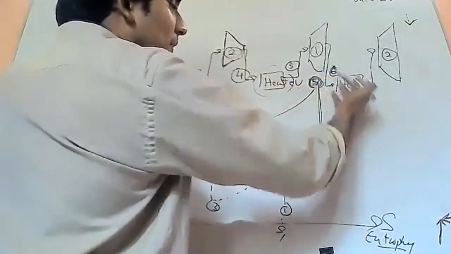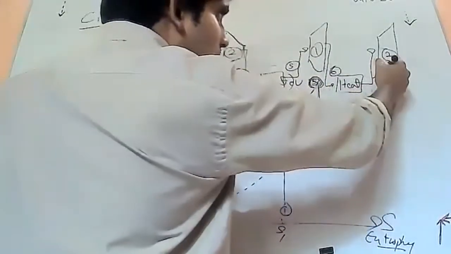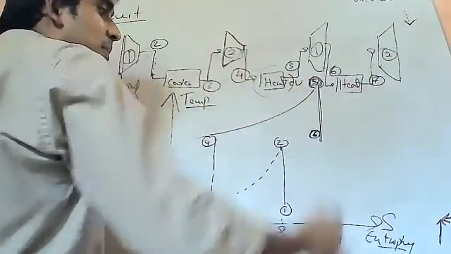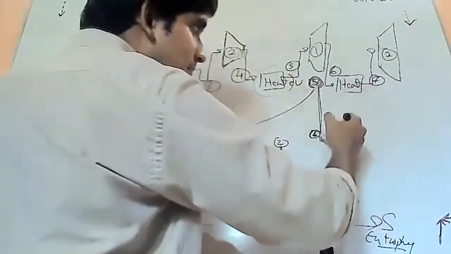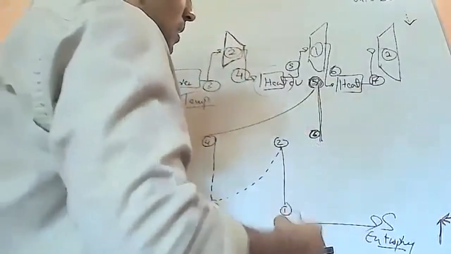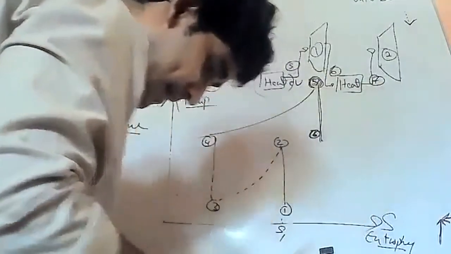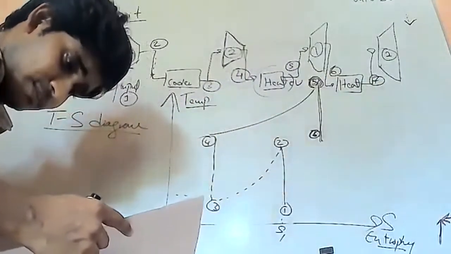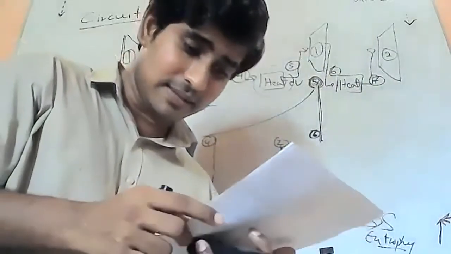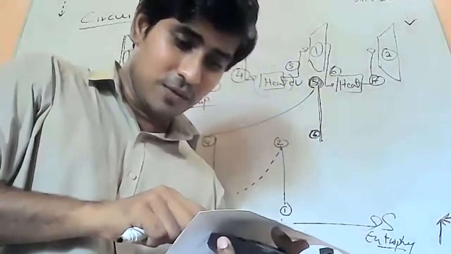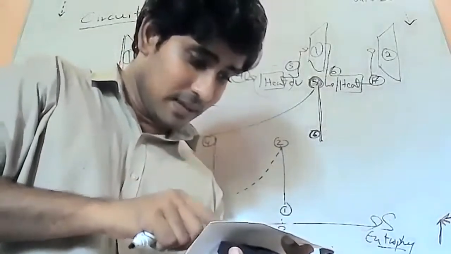After 6, again we have a reheater. After this reheater, we have the output 7. From here again we are going to heat, and be very careful up to what temperature we heat it. Up to the same temperature or a bit less than that. In the problem it is clearly said the maximum temperature of the turbine cycle is maintained at 1525 at the first turbine.